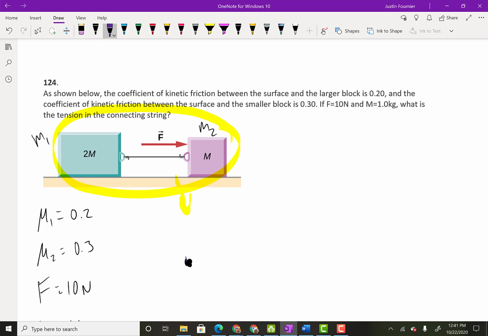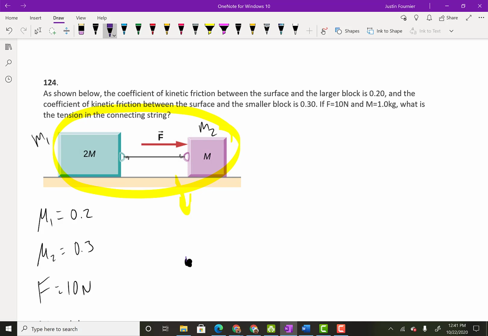Or do I want to combine them? I might want to combine them.